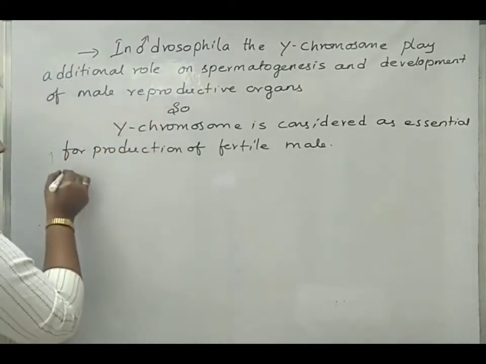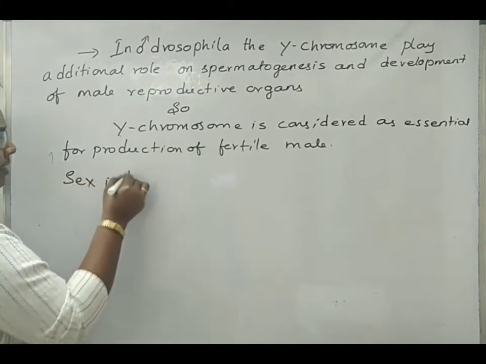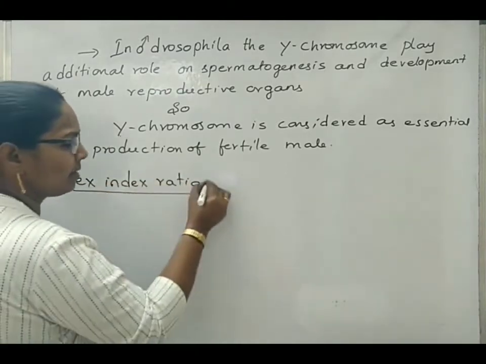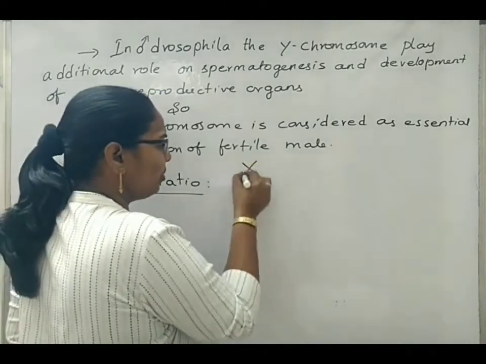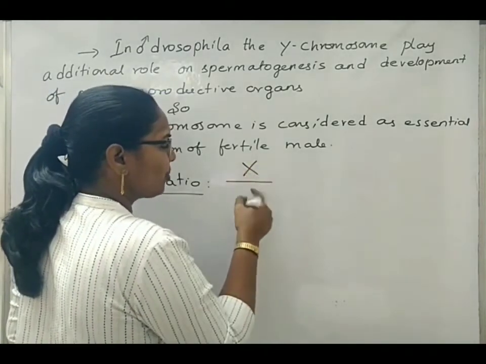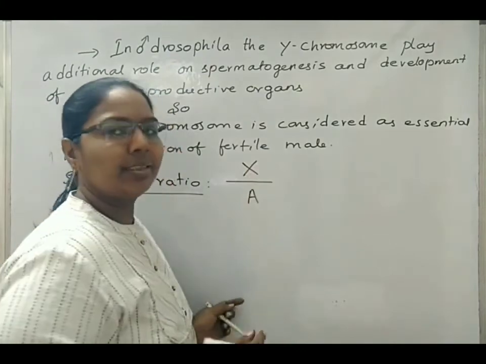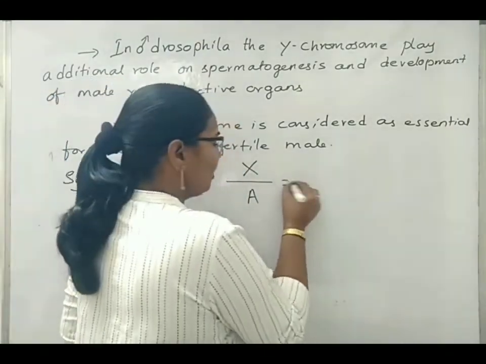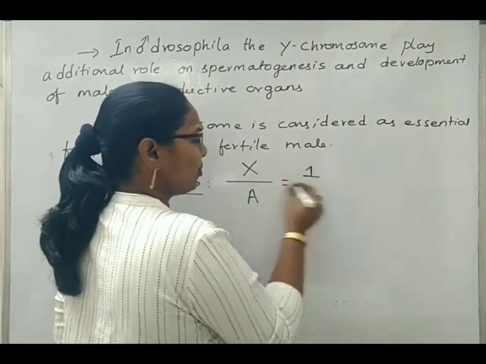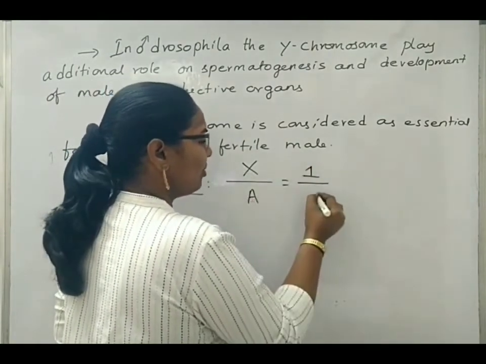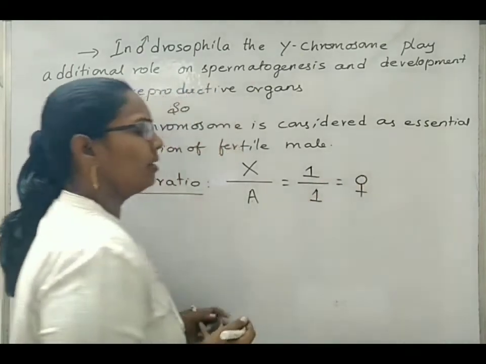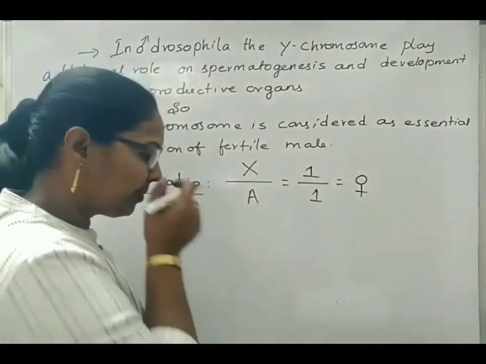What are the numericals of sex index ratio? I told you that the number of X chromosomes to number of autosomes decides the type of sex in case of Drosophila. If the number of X chromosome is 1 and the number of autosomes is 1, then it is responsible for female Drosophila.